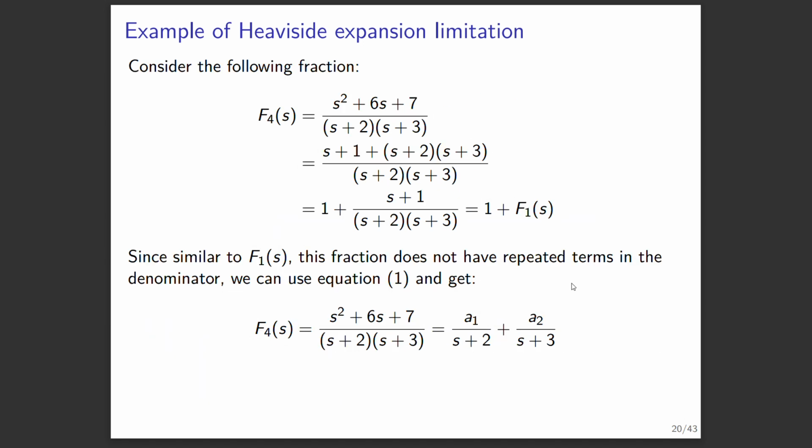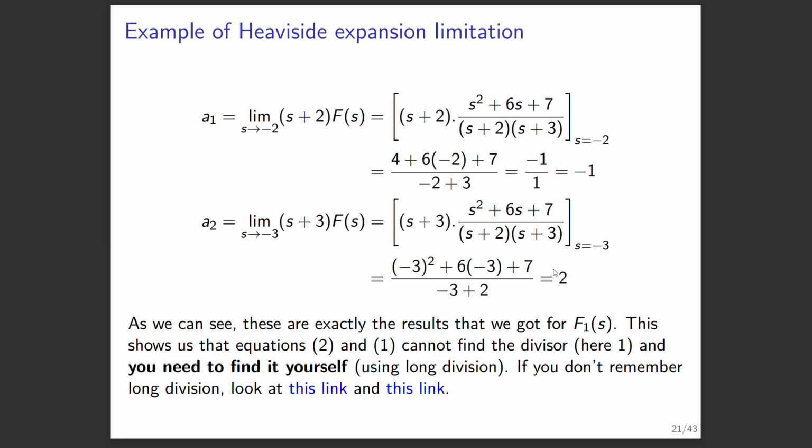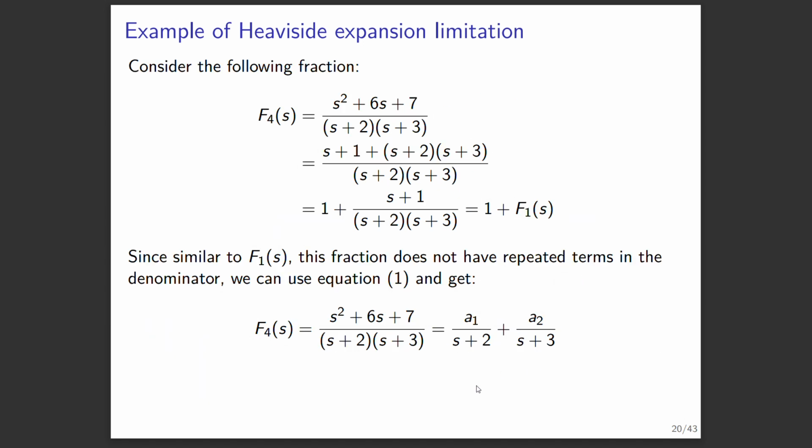So Heaviside expansion tells me that I'm going to have -1 divided by s plus 2, and then 2 divided by s plus 3. So Heaviside expansion claims that this fraction can be broken into -1 divided by s plus 2 and 2 divided by s plus 3. But that is wrong. Why is that wrong? Let me go back.